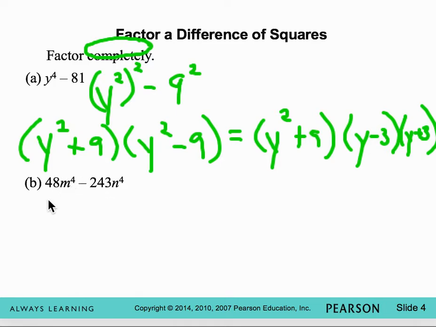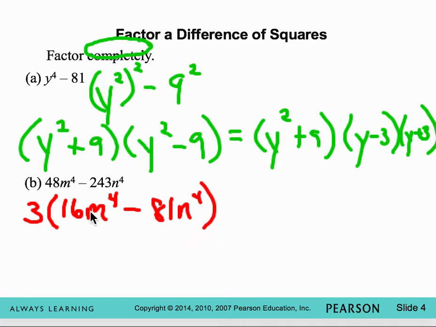Oh, they're both divisible by 3. Let's see what we get if we factor out a 3. 48 divided by 3 is 16. You can go over to the side and figure that out if we need to. 243 divided by 3 is 81.